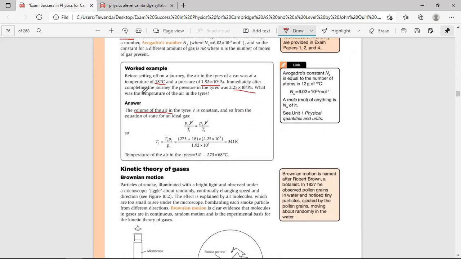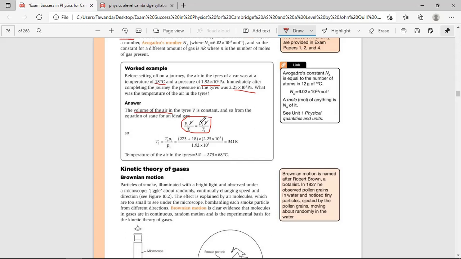So we are going to use this equation. P1 is our pressure one. T1 is the temperature one. Then P2 is the pressure at T2, and T is the temperature. So what is the temperature after the journey, that is T2.